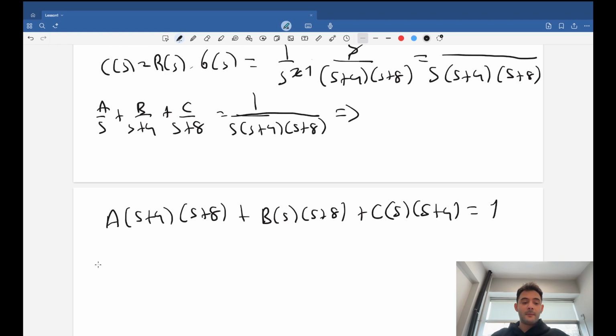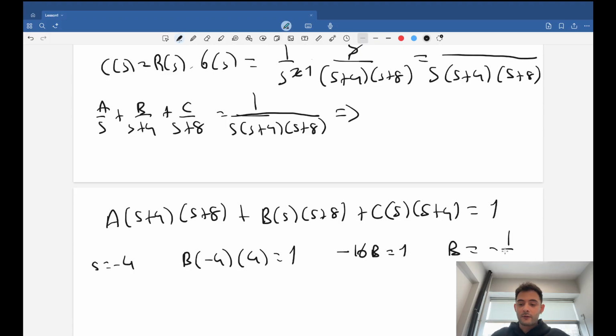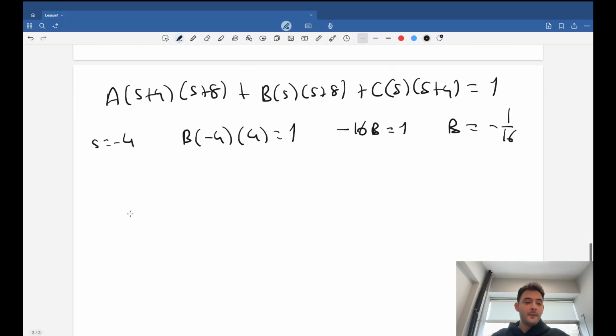And now let me put s equals minus 4. If I put this value, the A part is gone, the C part is gone, so we will have only the B part, and B gets to be minus 4 times 4 equals 1. So minus 16B is 1, so B is minus 1 over 16. And let me put 0 into s, so the B part is gone and the C part is gone, so we will have A times 4 times 8, which equals 1.